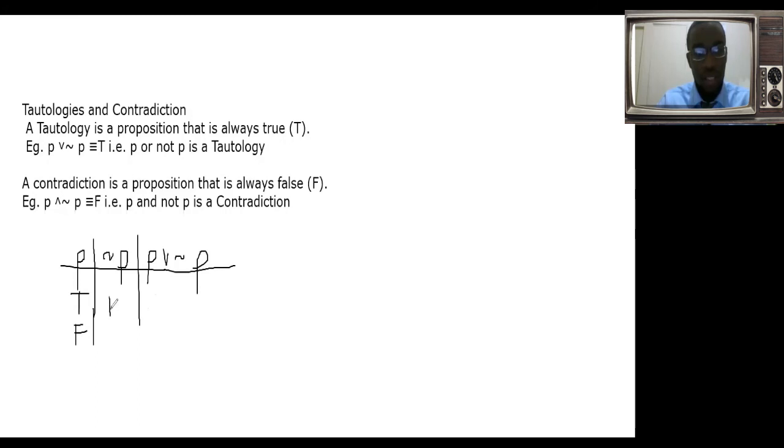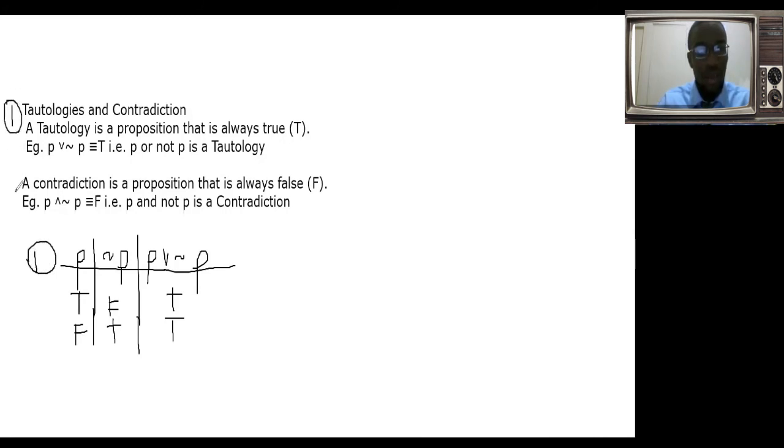And so not P is going to be false, then true. And so true or false is true, and then false or true is true. And so this is clearly a tautology.